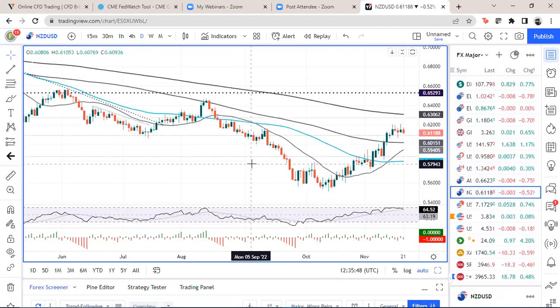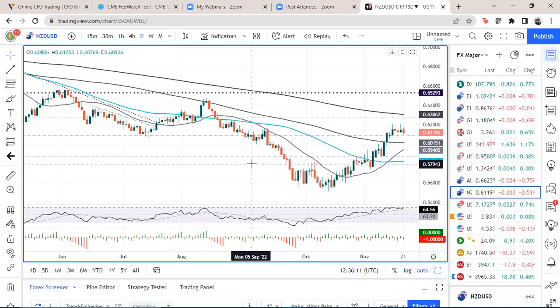First of all, Kiwi dollar. And the RBNZ. It is widely expected for the bank to raise its cash rate again at its upcoming meeting on Wednesday. I think 15 out of 23 analysts polled by Reuters forecast a 75 basis point move.